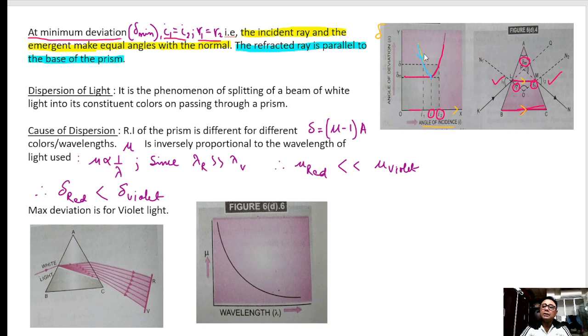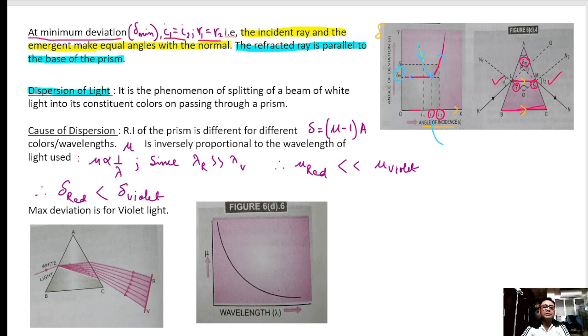This is the angle of incidence at which it becomes minimum, and this value is called the angle of minimum deviation. Clear?